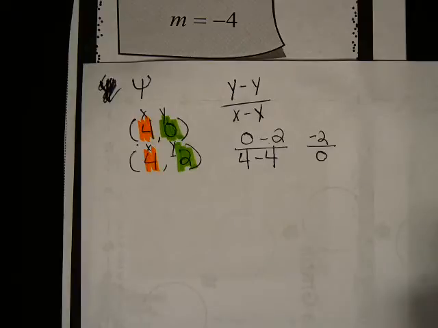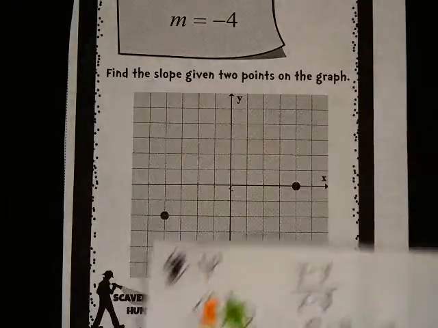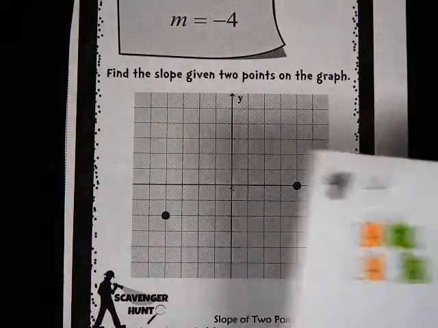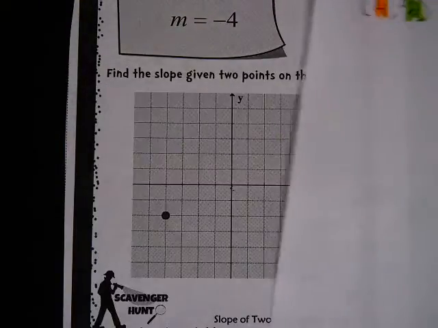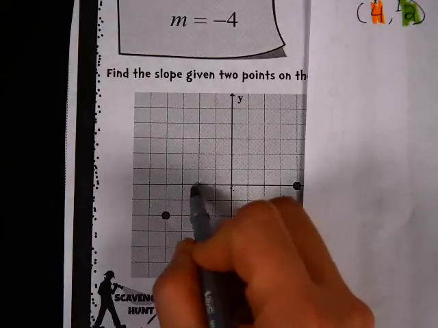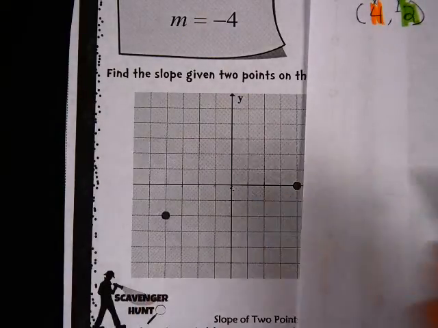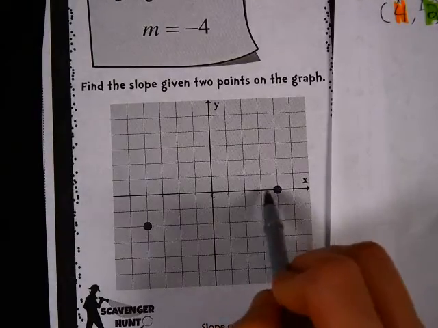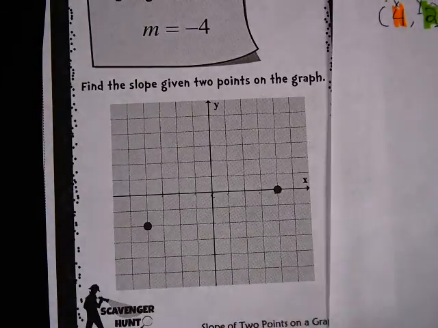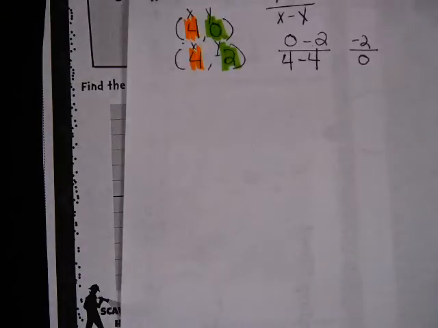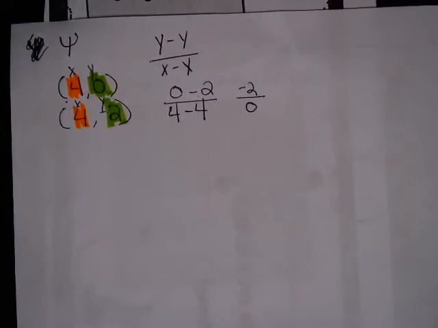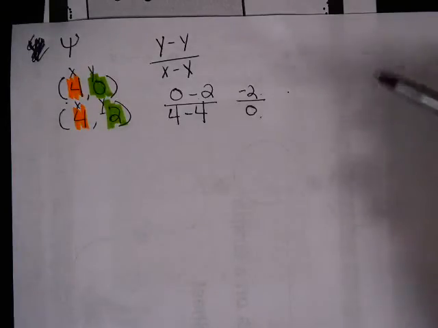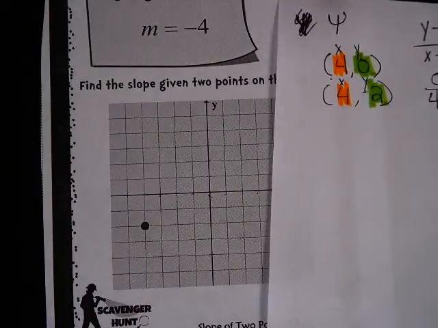That means that the slope that is based right here, I've done something wrong. Okay, so the slope, anything over a 0 is undefined. But that is not the way that should be.